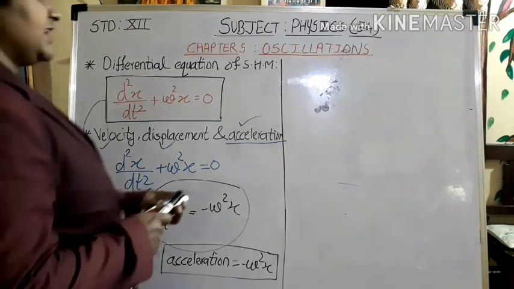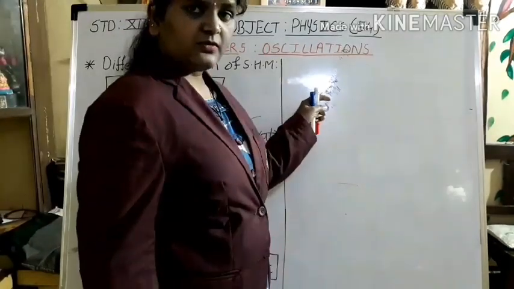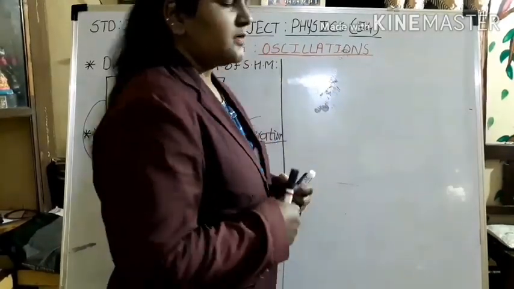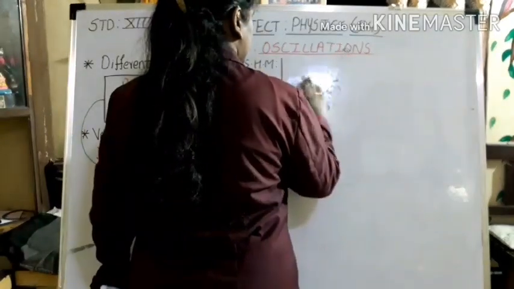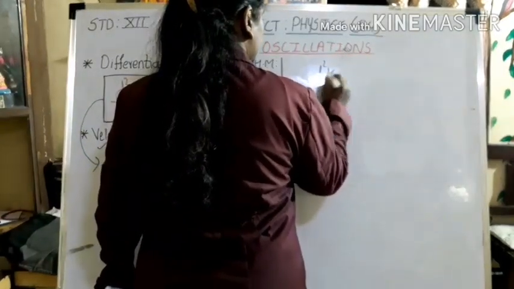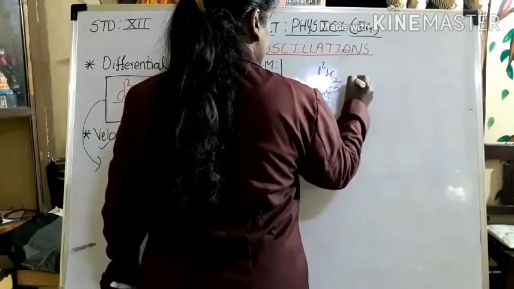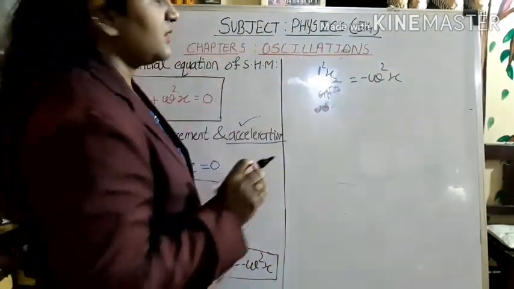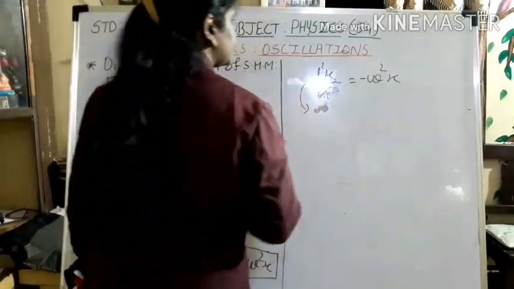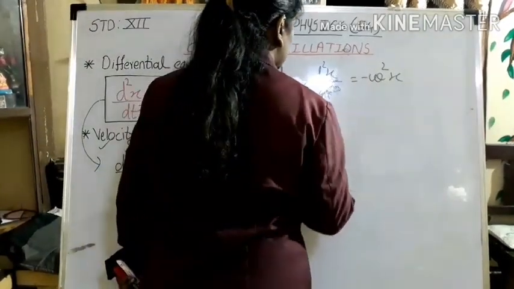As we have derived some equation over here, we are going to use it again. For acceleration I am writing it again: d2x by dt square is equal to minus omega square x. I am using the same equation, and I am going to split this.